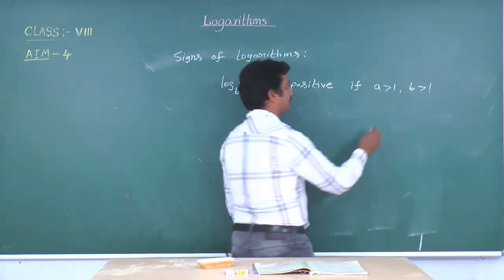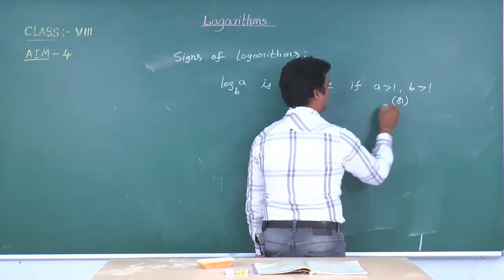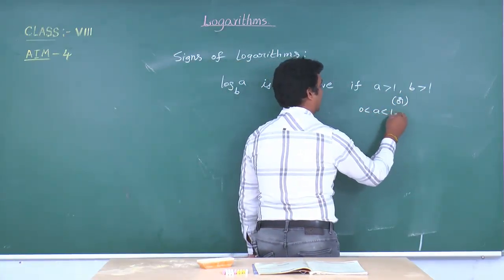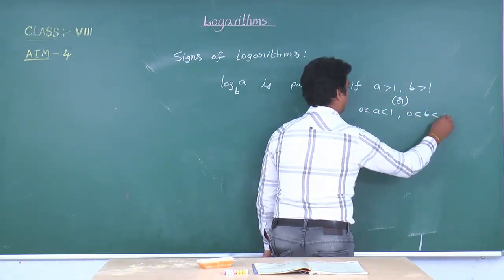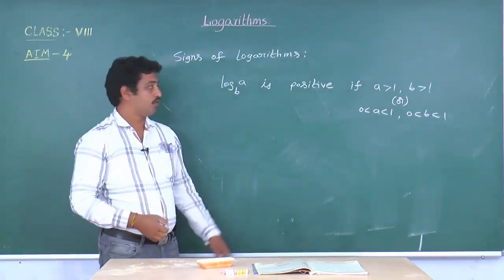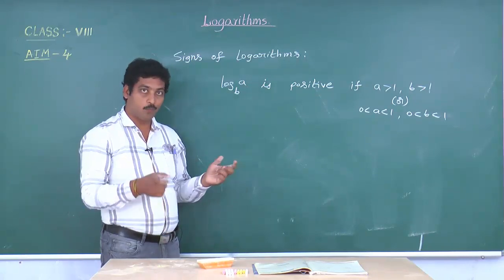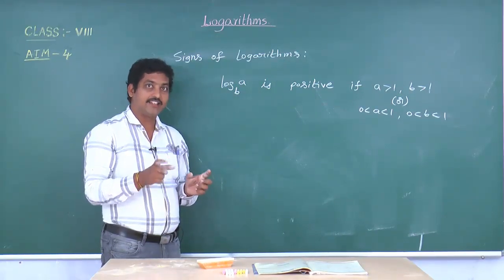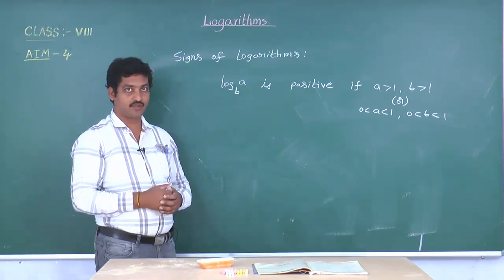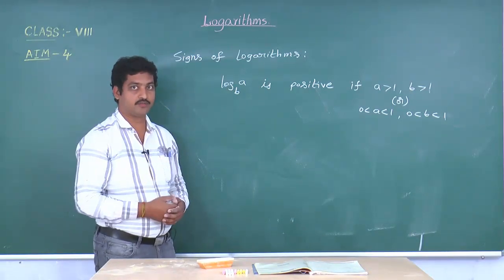Otherwise, 0 less than a less than 1, 0 less than b less than 1. Both are greater than 1 or both lie in between 0 and 1, by observing those 4 examples.